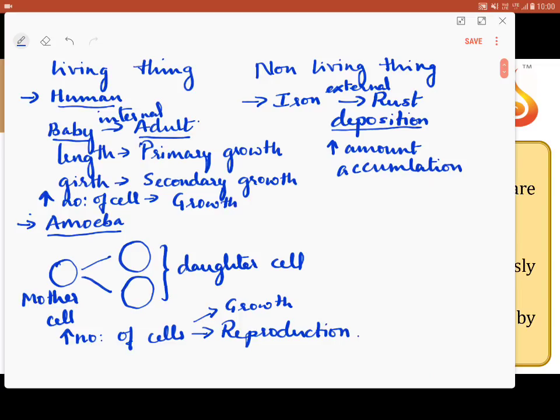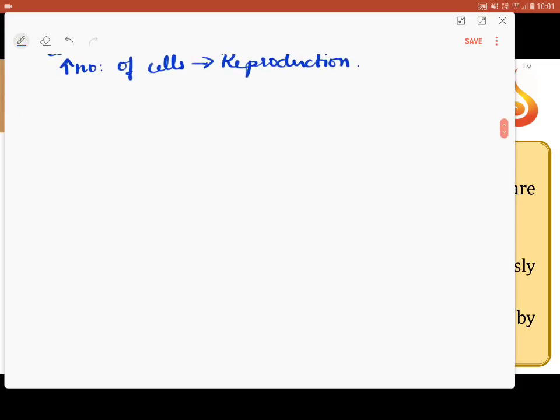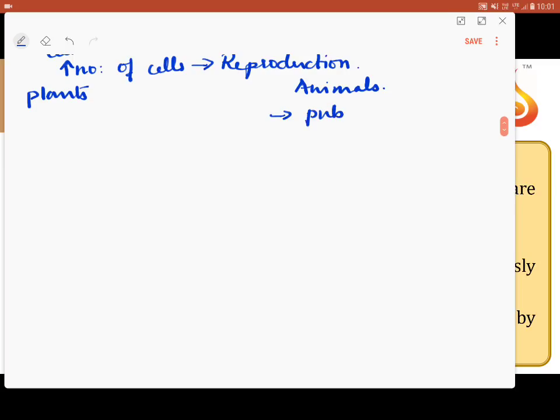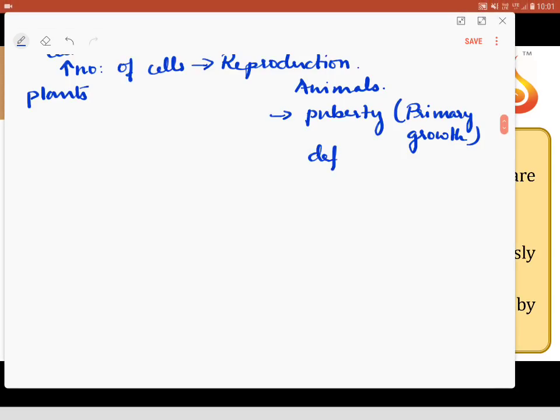Another point I would like to raise here is in case of plants. Plants versus animals. Animals grow up till puberty, especially in terms of primary growth. So, can I say that this kind of growth is definite? Yes.